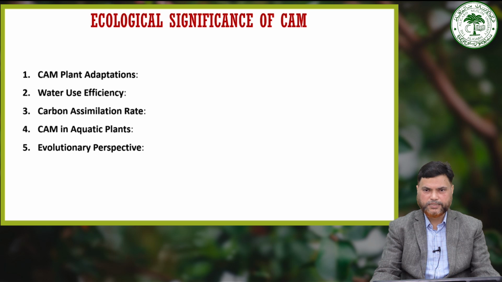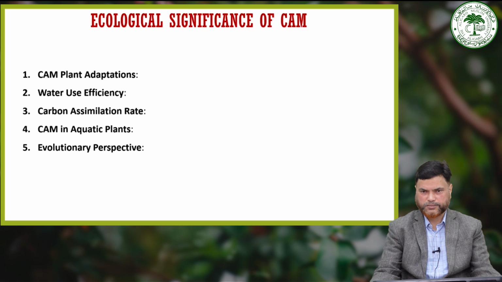Basically these plants survive because they open their stomata at night when it's cooler and less water is lost through transpiration. This allows them to take in carbon dioxide from the air. During the day, when the stomata are closed, they use the carbon dioxide from the night to carry out photosynthesis.